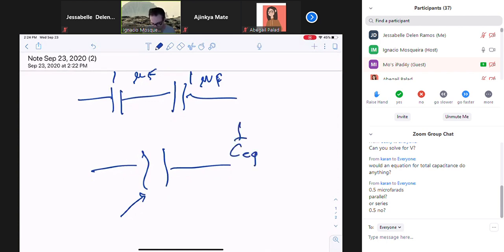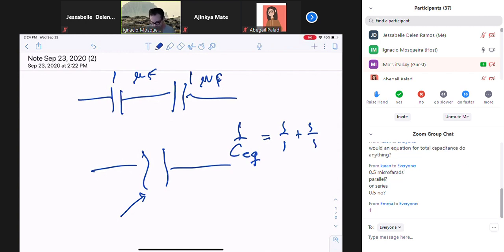Again, let me make sure, because I know people forget to invert: 1 over C equivalent equals 1 over 1 plus 1 over 1 microfarads. Let's forget the microfarad part, that doesn't make any difference. So 1 over C equivalent equals 2. So C equivalent equals 1/2.